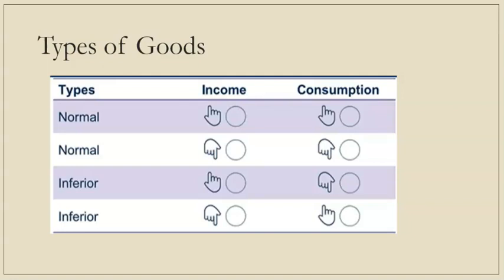Our income increases, so our consumption of that one would decrease because we are going to prefer more normal goods than inferior goods. But if our income decreased, the consumption of inferior goods would increase, meaning we didn't have enough money to buy those normal goods, so we are having to buy more inferior goods.